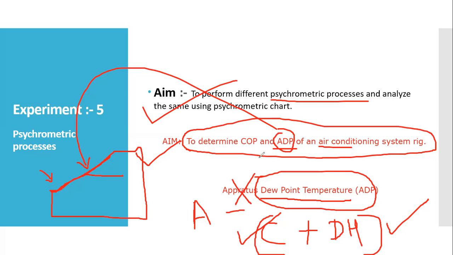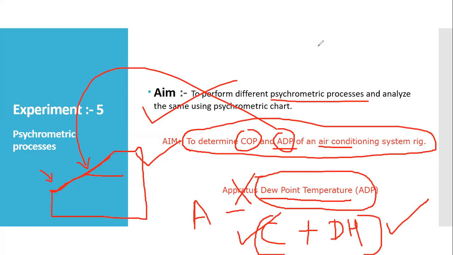And COP, do you know about COP? Coefficient of performance, that we have to identify from our pH chart, the pressure enthalpy diagram. Okay, so now let us start to understand what exactly ADP is.